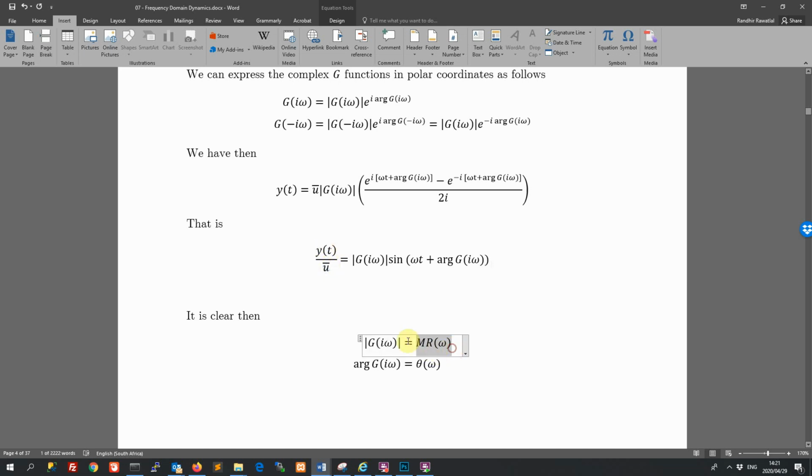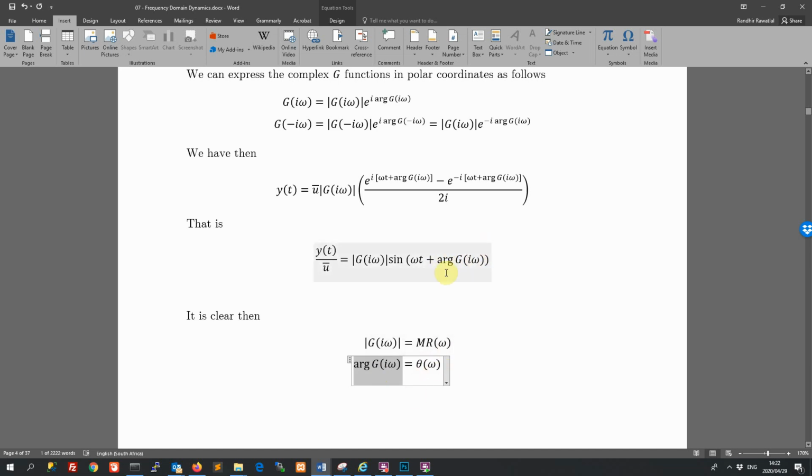Clearly this is an oscillating part, so we don't regard that in terms of an amplitude ratio. So it's simply the magnitude here that is our amplitude ratio, and then the phase angle, we can see our phase lag here. That's going to be the offset time or the phase angle.